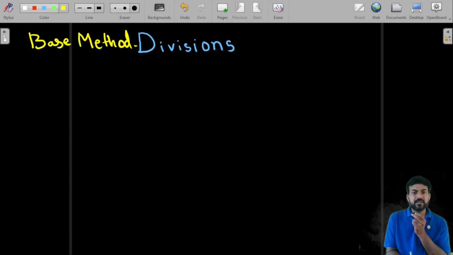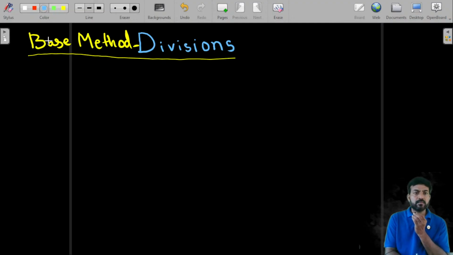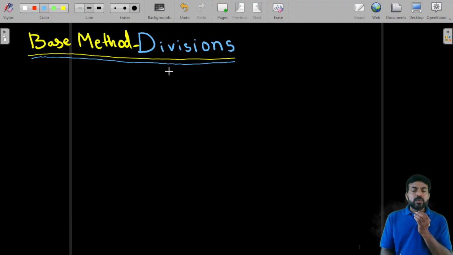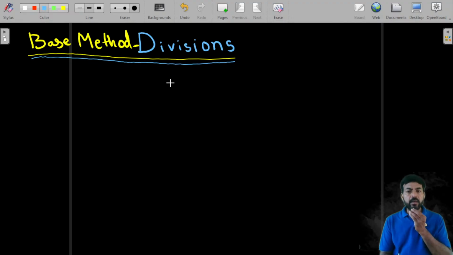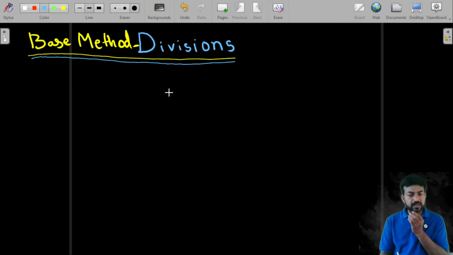Base method divisions. In this base method, we are going to learn division by 9 first, later 8, later remaining numbers.